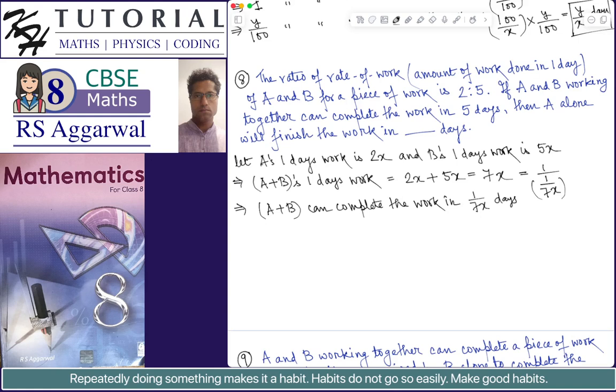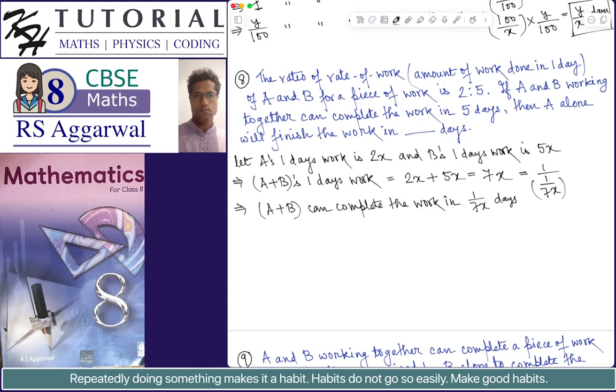From applying the second rule, we know that if the amount of work done in 1 day is 1 by n, then the whole work will be done in n days. Using that rule, when we know that A plus B's 1 day's work is 1 by 7x, you can consider 1 by 7x as the capital N. So we can say that A plus B can complete the work in 1 by 7x days.